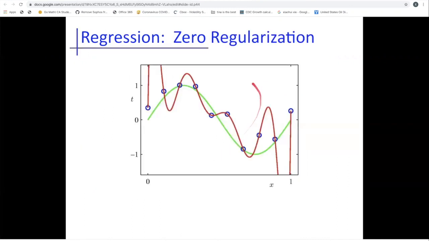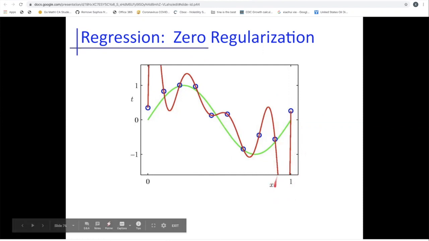Without any regularization, which means if you set alpha to be 0, suppose I apply it to the 9th order polynomial here, as a result you're going to see large coefficients corresponding to higher order terms.